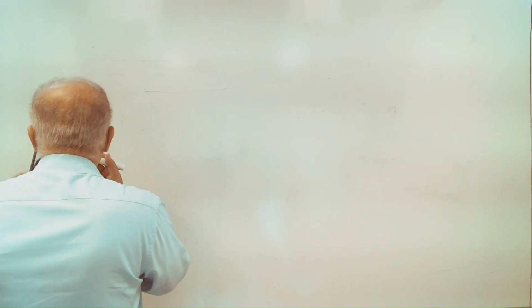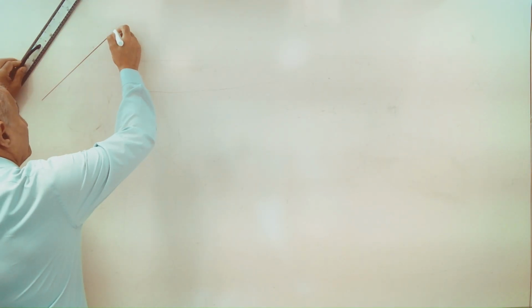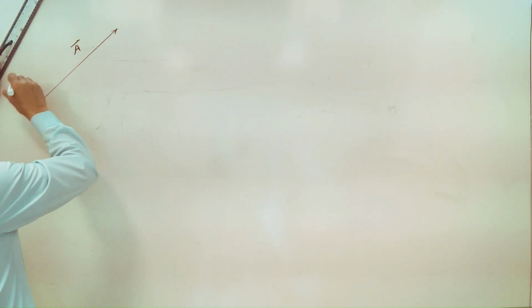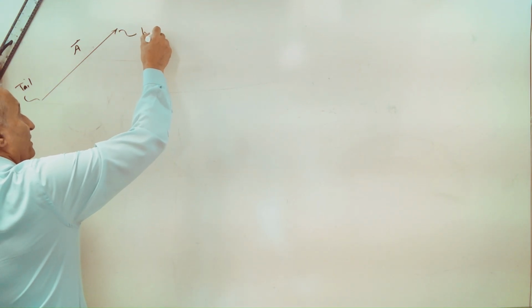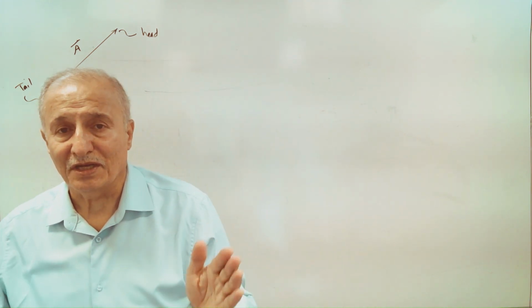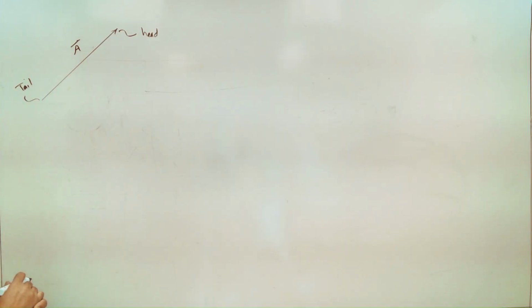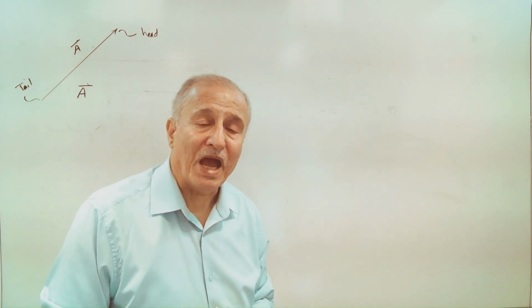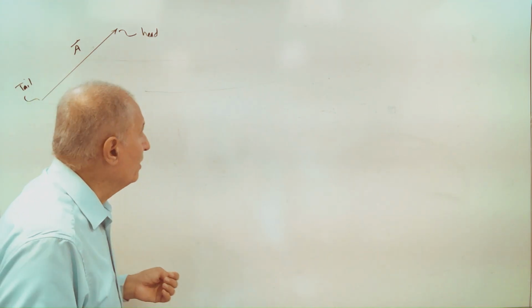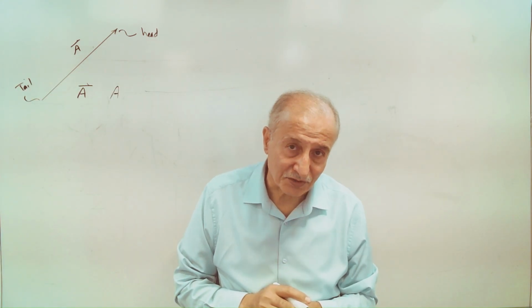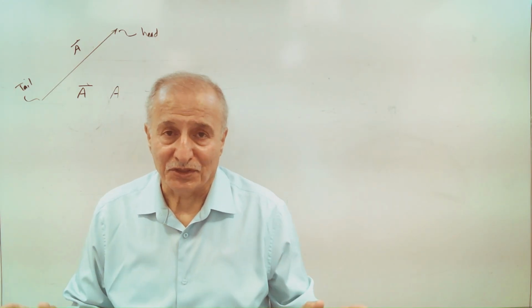Let's start with vector A. For example, if we have vector A, we show it like that. This is the tail of the vector, and this arrowhead is the head of the vector. The tail of a vector, head of a vector, length of a vector, magnitude of a vector. If we write an arrow above it, it means vector A. If I show only the letter A, it means the magnitude of vector A, only magnitude, which has no sense.